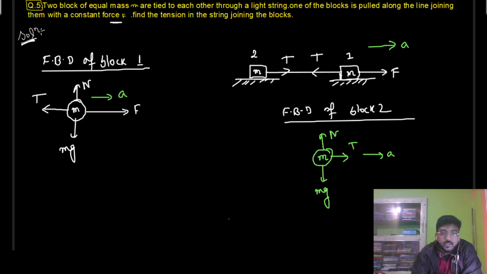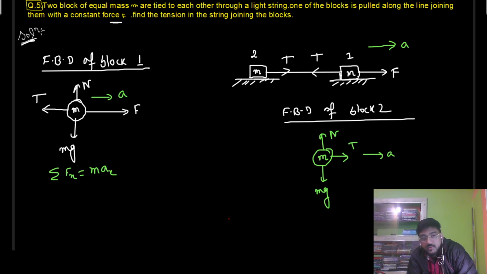If we use Newton's second law, that is summation Fx is equal to max, because here the motion is only along the x direction, there is no acceleration along the y direction. So we have to use only summation Fx.